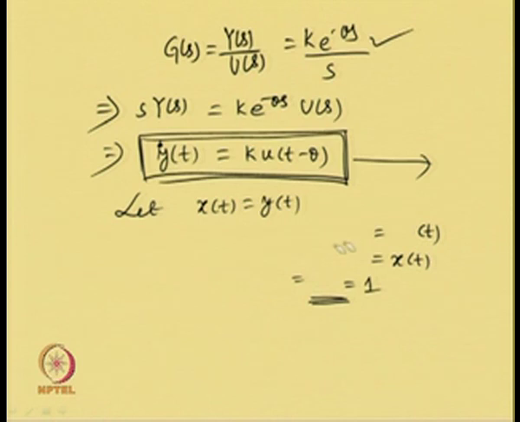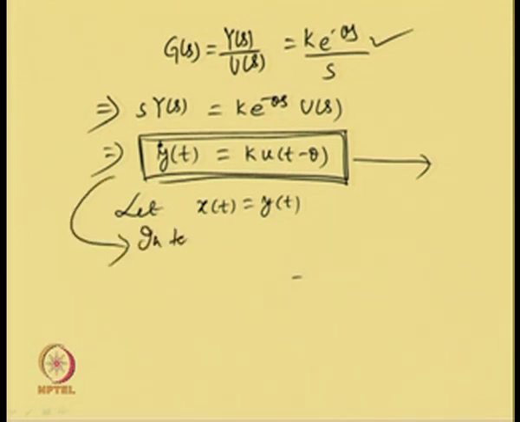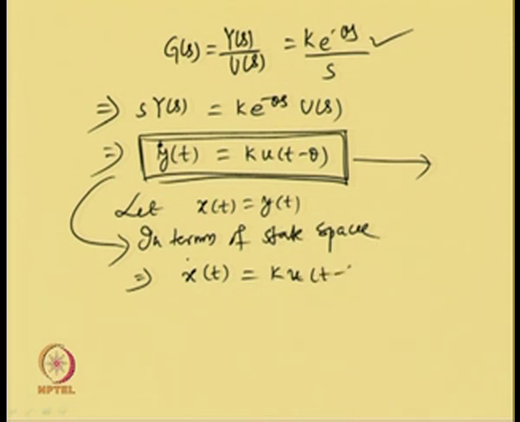Now, the dynamic equation in terms of state space can be written as ẋ(t) = k u(t - θ).